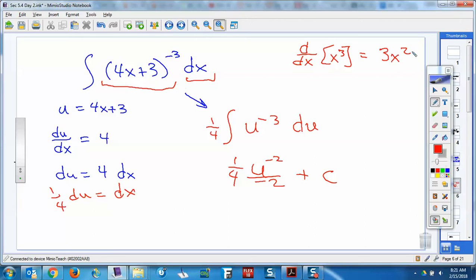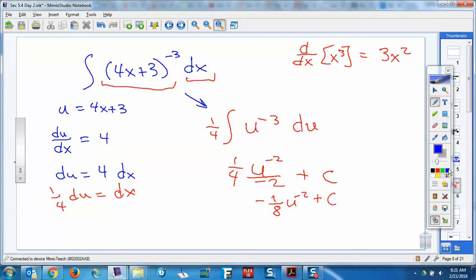But I don't remember anybody ever saying, well, what happened to the dx? Why? Because they were just there to tell me to do the derivative with respect to x. So I did it, and then those are gone. That's what this symbol is and this symbol. This is saying do the antiderivative with respect to u, and so we do it, and then they go away. So this would be negative 1/8 u to the negative 2 plus c.